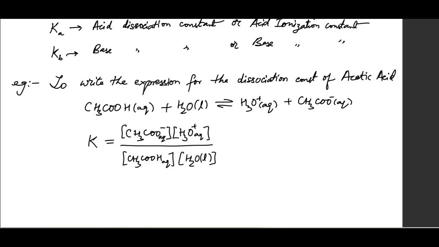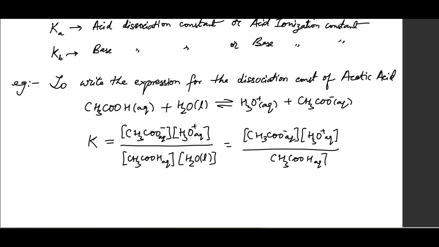Now, as I mentioned, the concentration of a liquid is 1, so H2O is 1. So this becomes the concentration of CH3COO minus aqueous multiplied by the concentration of H3O plus aqueous, divided by CH3COOH aqueous.